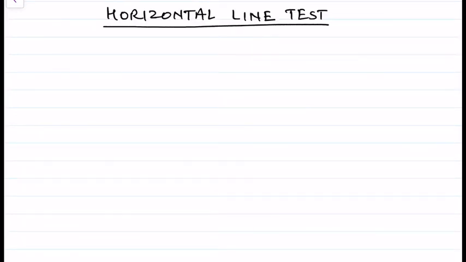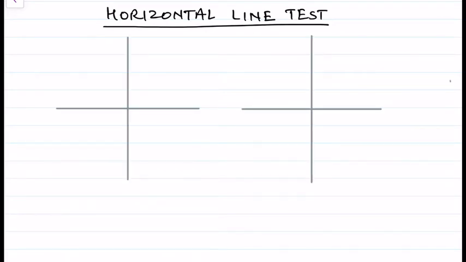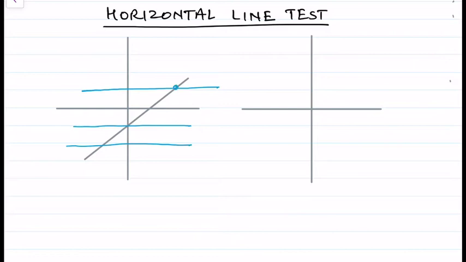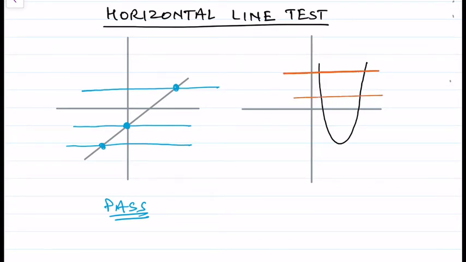Now let's do the horizontal line test, and for that let's take a straight line first. If we take any horizontal line passing through this given line, it will intersect at only one point. So it means this passes the horizontal line test. Whereas for this curve, a horizontal line except this tangent one, all other horizontal lines will intersect at two different points.